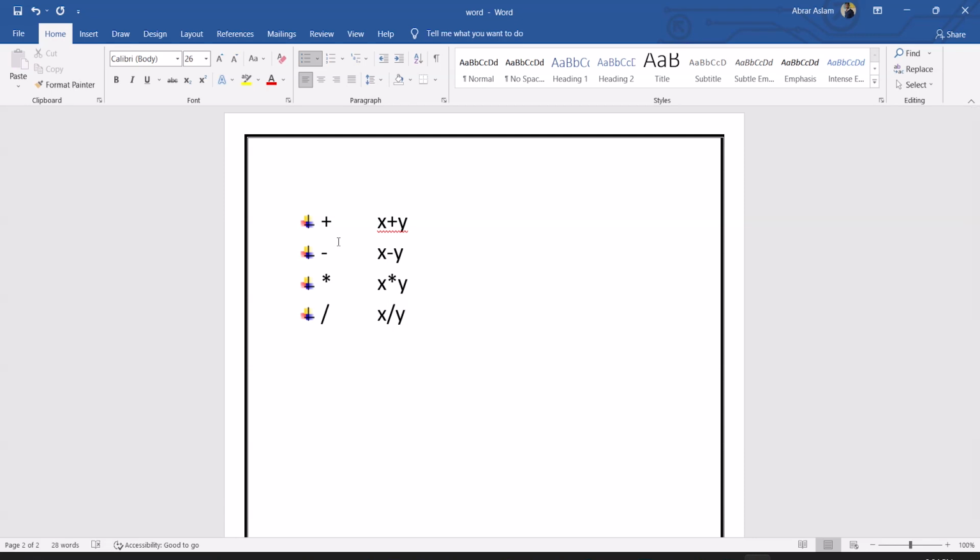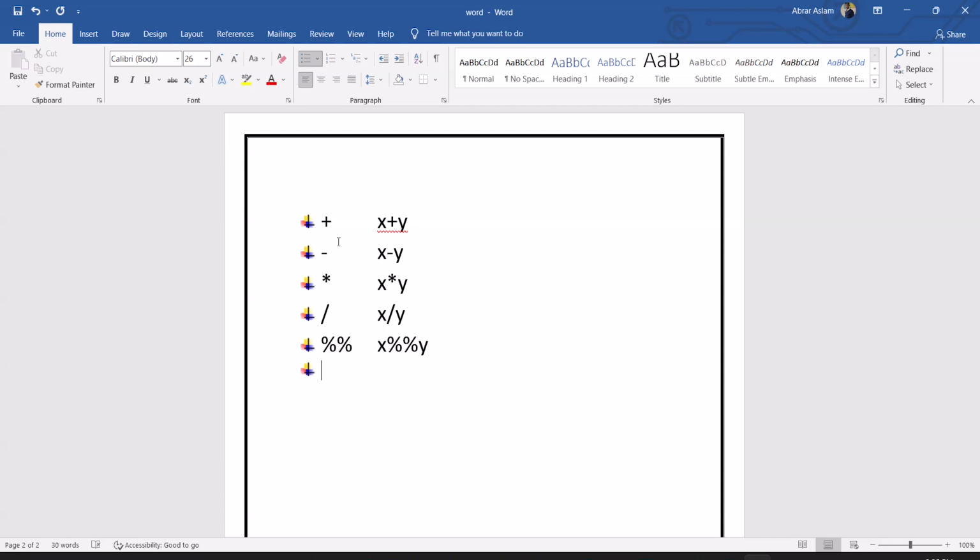Now let's learn some other operators. For modulus in R we have a double percentage sign, so two percentage signs, and we use it like x %% y. This operator gives us the remainder of the division.